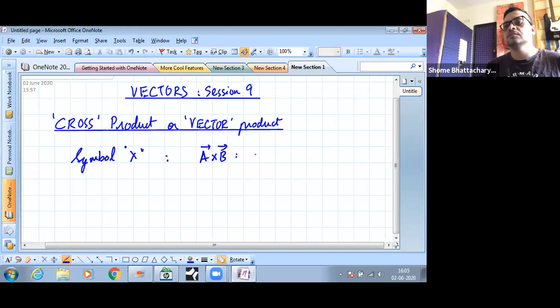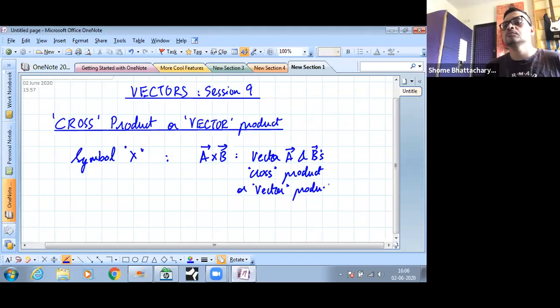This is read as vector A cross vector B. Cross product, vector product. That is the symbol used for this.